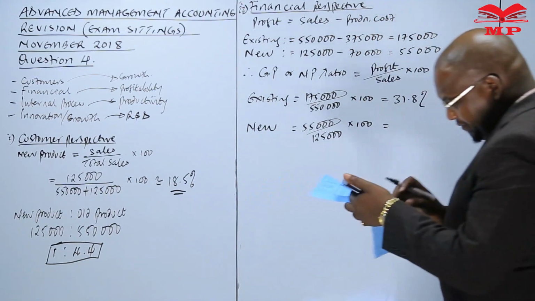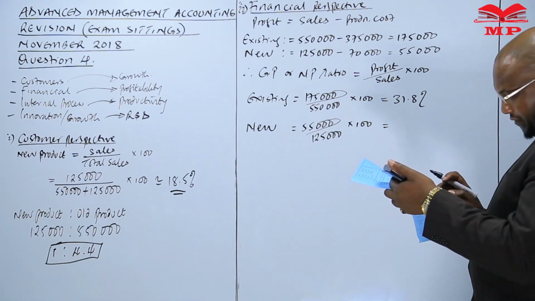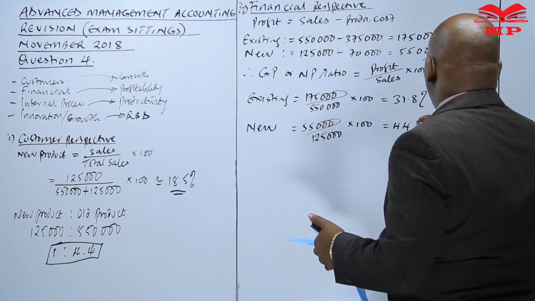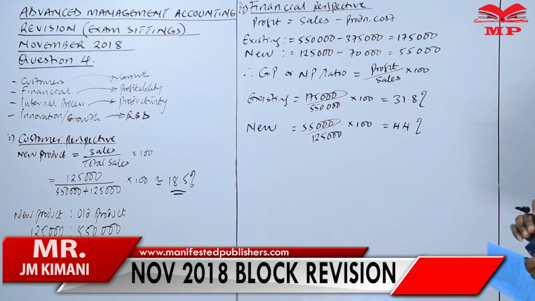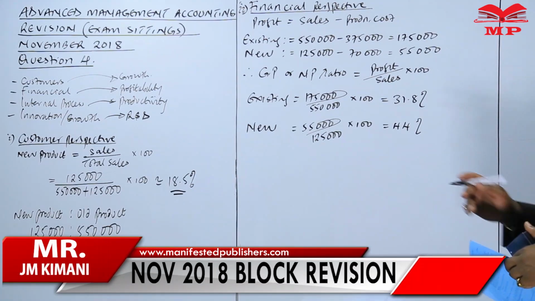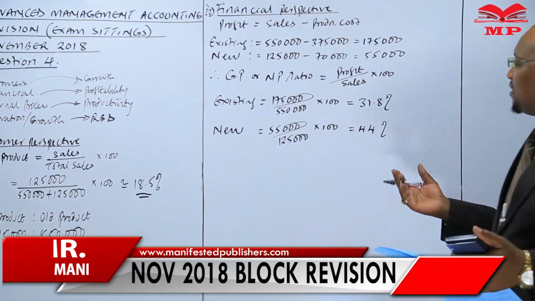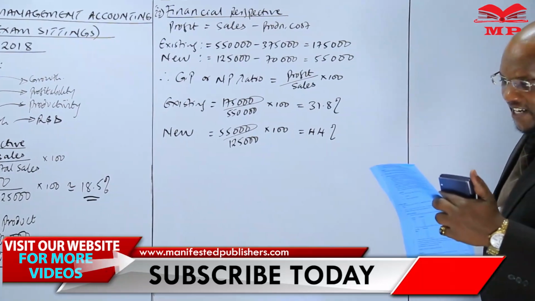This will be 55 divided by 125 times 100, 44. So you may want to say that the new product has a higher margin than the existing one because it has 44, while the existing has 31.8%. So that is how we can compare about the financial.